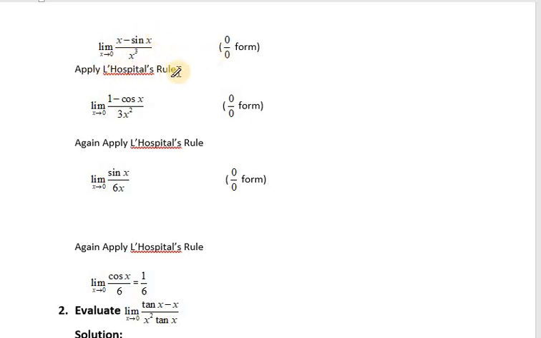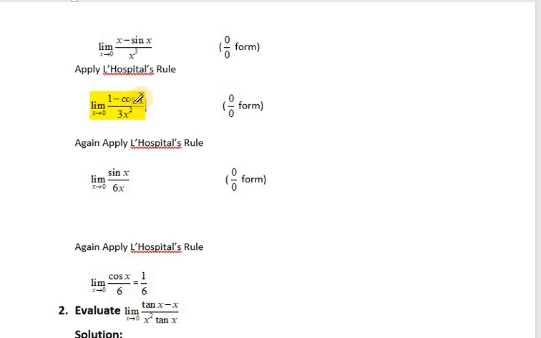Now apply the L'Hopital's rule. So we have to differentiate the numerator and denominator separately. X minus sin x derivative with respect to x is 1 minus cos x and x cube derivative is 3x square. Now again apply the limit x is equal to 0.